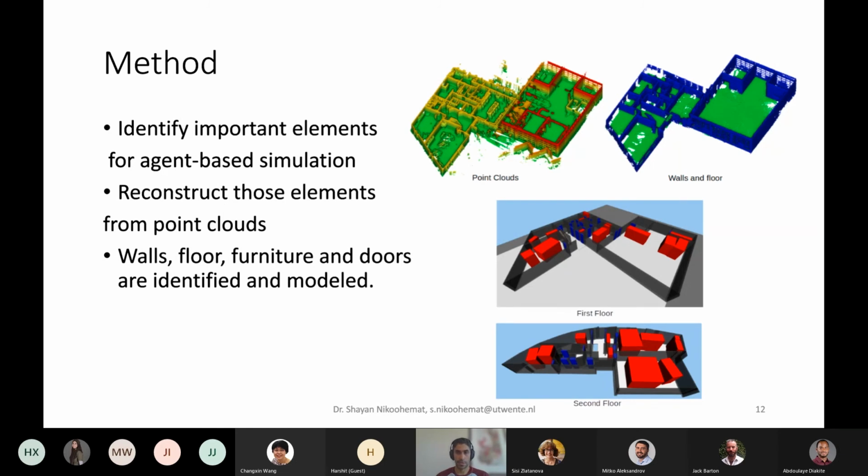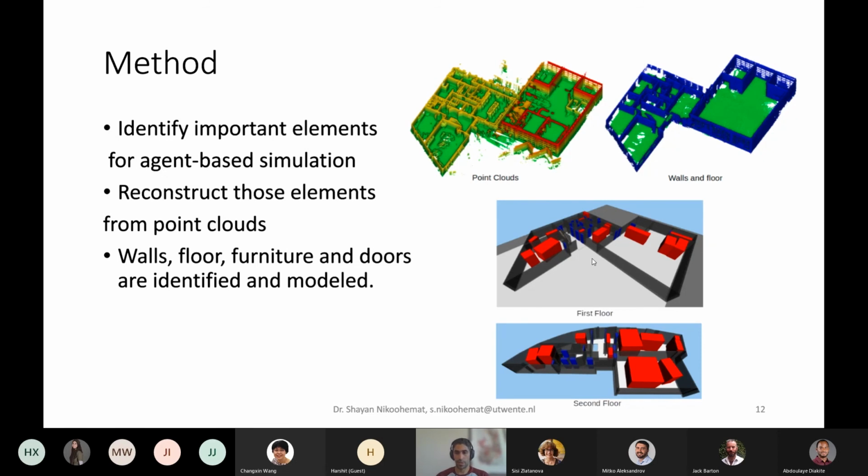Then we have stairs because we want to do multi-story navigation or evacuation, and then we need some of the furniture to create obstacles to be able to plan the navigation for agents. And then we also need doors to connect the spaces when the agents want to move from one space to another or to evacuate the building.